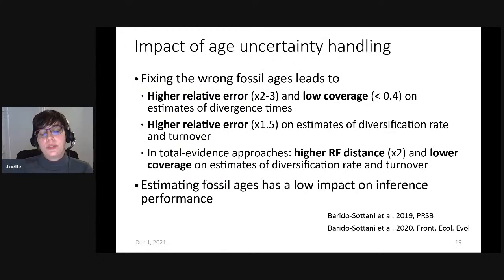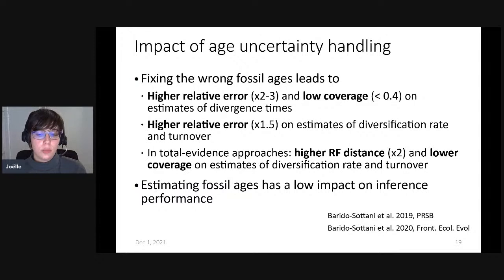And another thing that we found is that estimating fossil ages had a pretty low impact on inference performance compared to fixing the fossil ages, because that was part of the rationale behind fixing the fossil ages, is that adding this sampling component would make the inference slower. And we did find an effect.